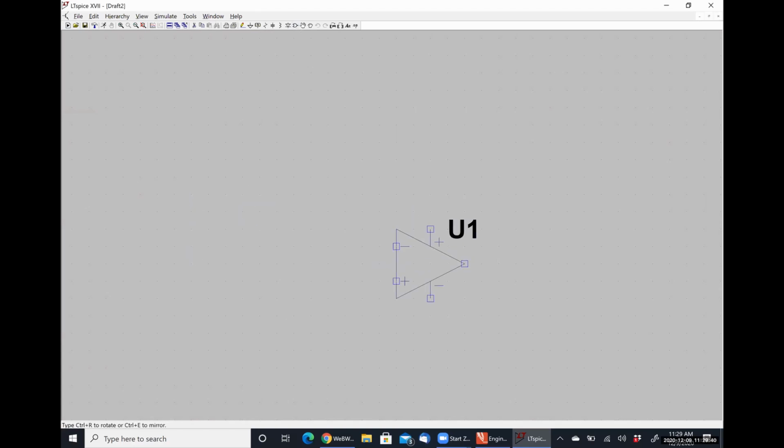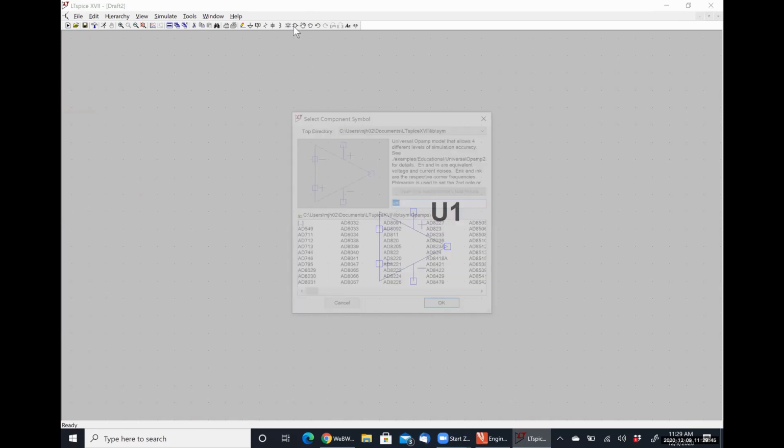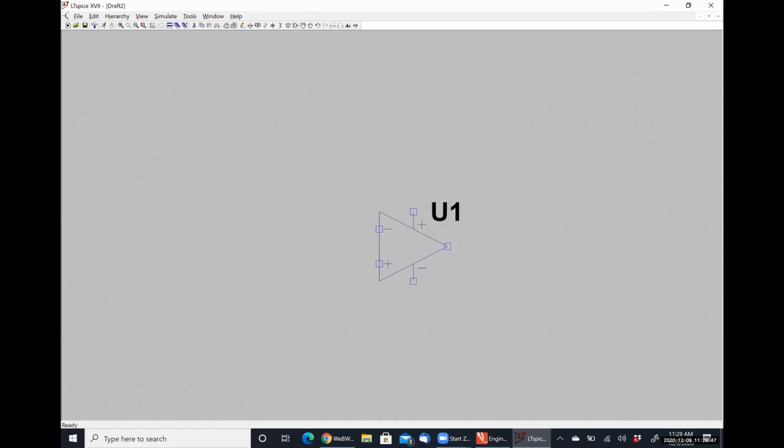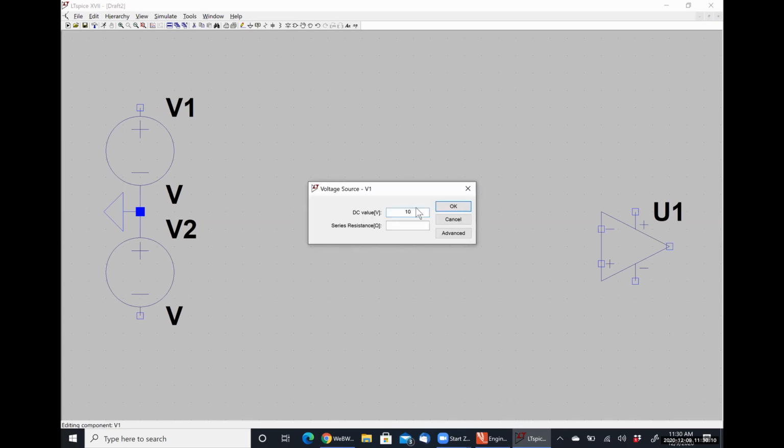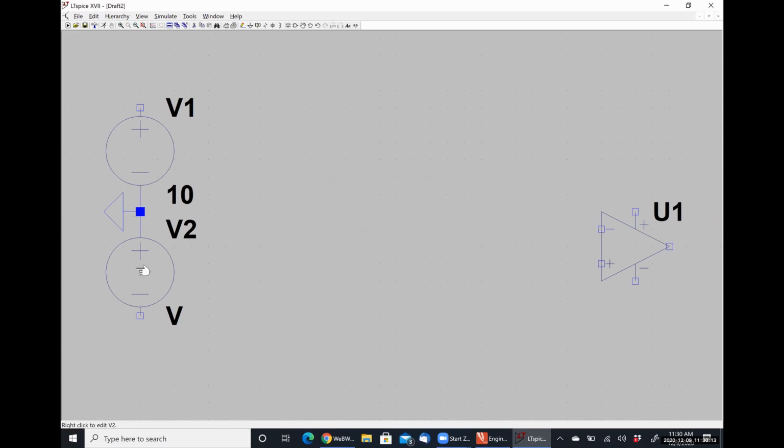So let's see. Universal op amp, as per usual. Let's throw some voltages over here. What do we want VCC plus to be? Pick a number that's positive. 10 volts, all right. What do we want VCC minus to be?